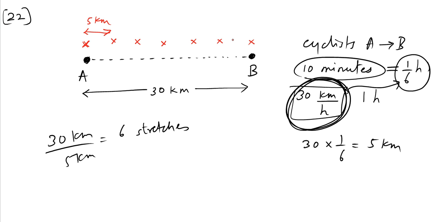All of these red crosses indicate cyclists, and they are traveling from left to right in the picture. One cyclist, the one at the extreme right, has just reached B, and there is a cyclist over here at the extreme left who has just started from A, and there are 1 2 3 4 5 cyclists in between, and there are 5 kilometer stretches of road which separate the cyclists, and if you count these 5 kilometer portions, they are going to be 6.